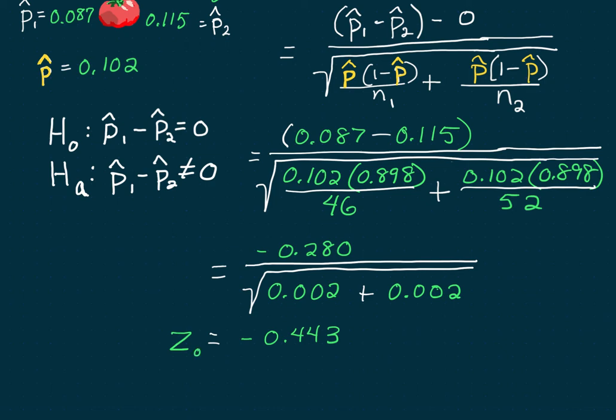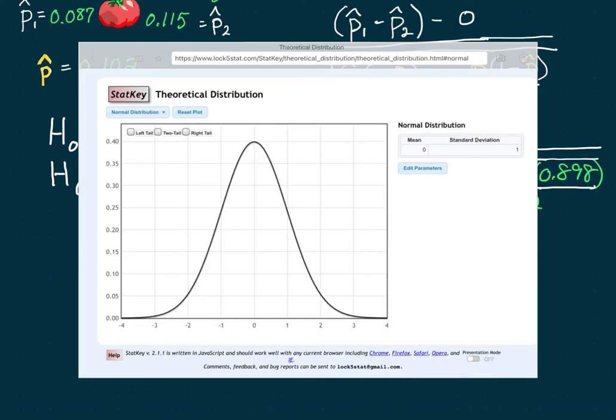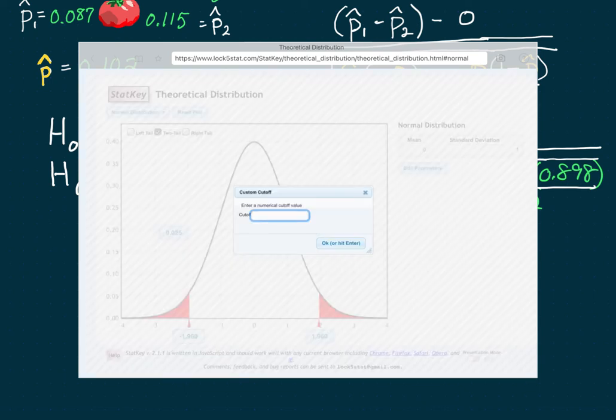Let's take it to StatKey. Here is StatKey. We will be moving to the theoretical distribution, to the normal distribution. And we are performing a two-tailed test. Our test value of negative 0.443 goes to the negative here.